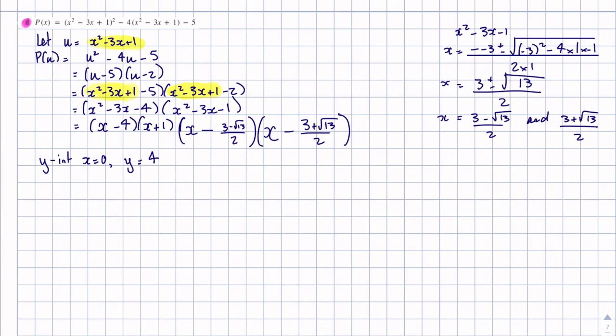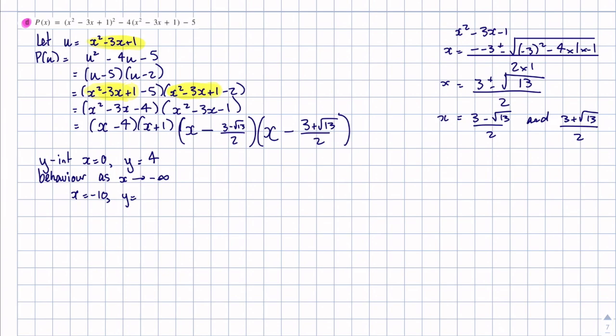And behaviour as x tends to negative infinity. Well, we'll choose a number less than any of these. I don't actually have a calculator, so I'm just going to choose like minus 10 to be safe. X equals minus 10.